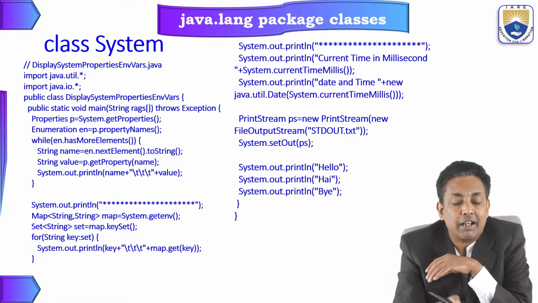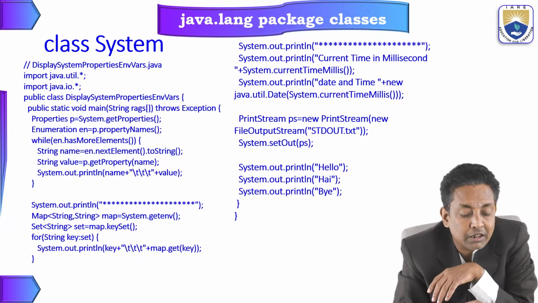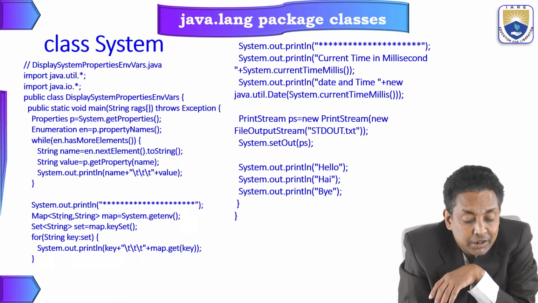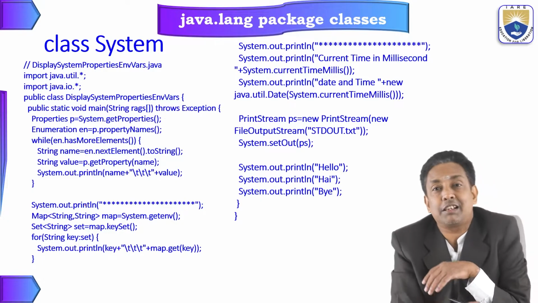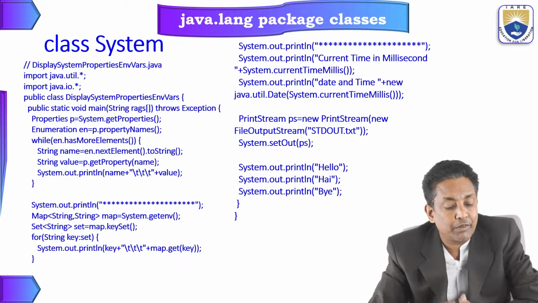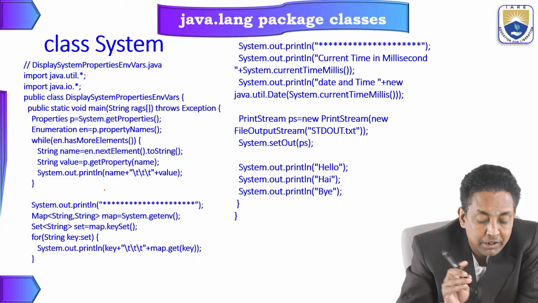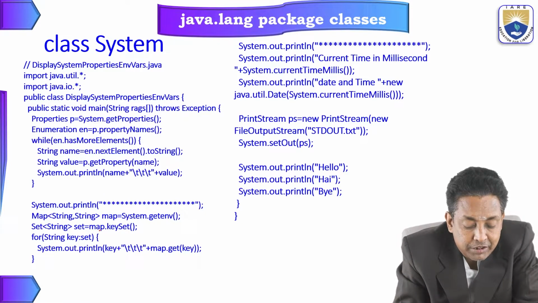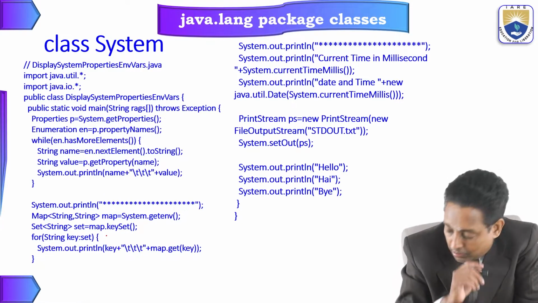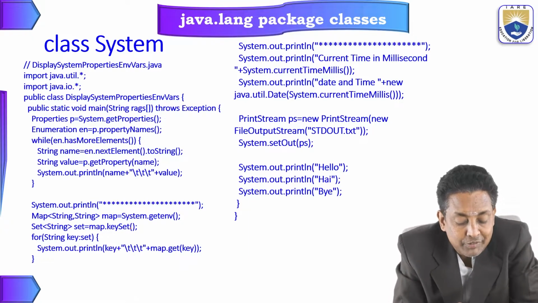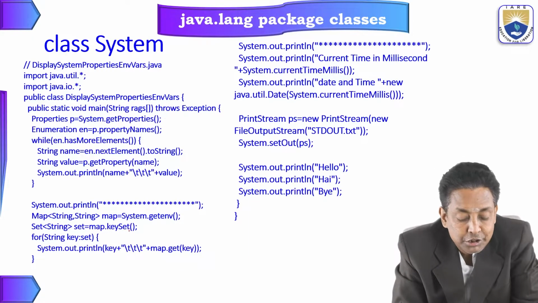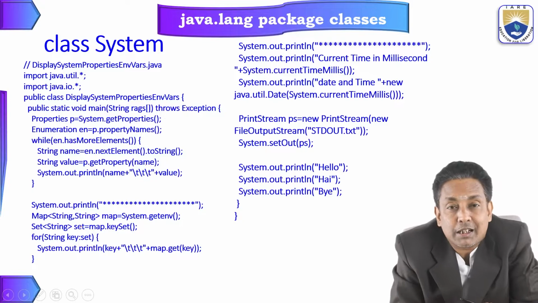So the System.getenv function returns a Map object containing String and String as key and value pairs. In the Map interface, the keySet method is given so that all the keys will be returned as a Set object.